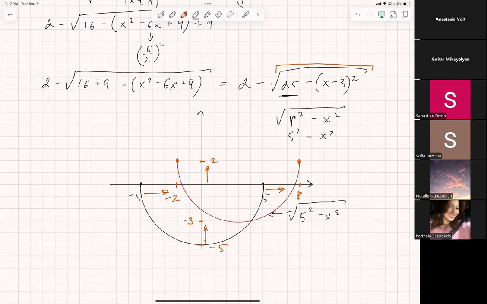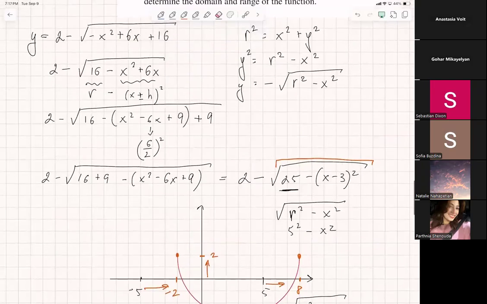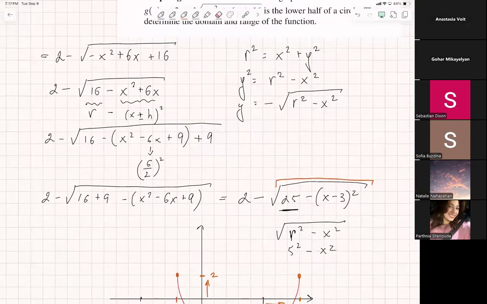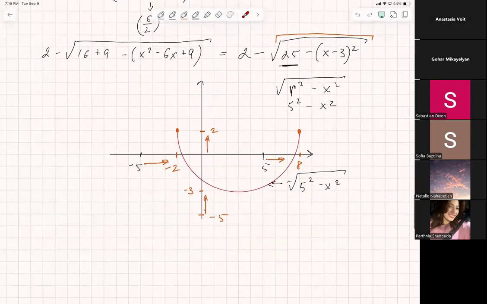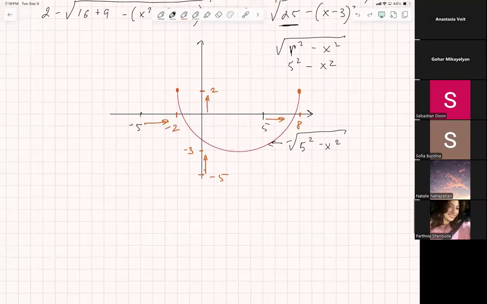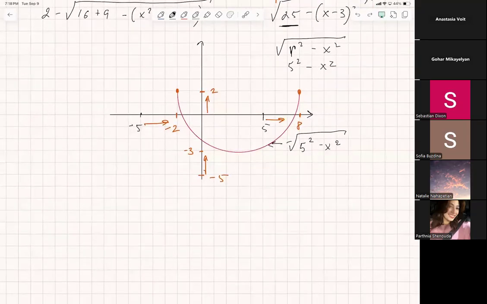So we have everything. We can now erase our original circle, and this is the circle that we have with all the transformations, right? So this is the same circle as we were given at the very beginning, right? So now from here, I think it's easier to see what would be the domain and range, right?